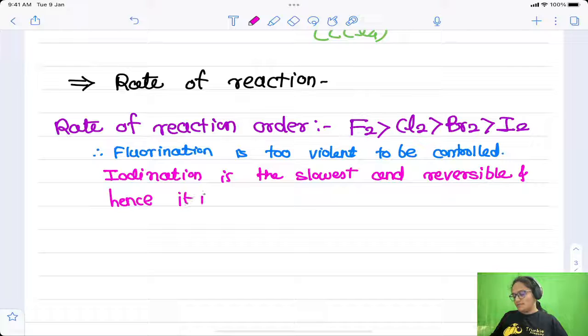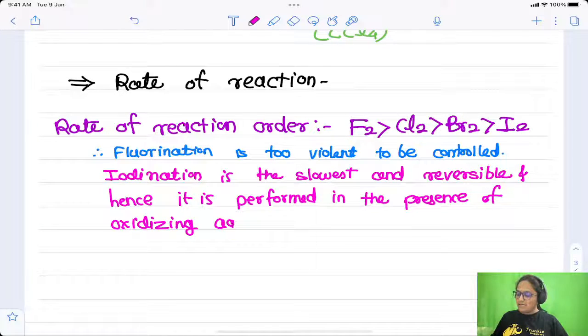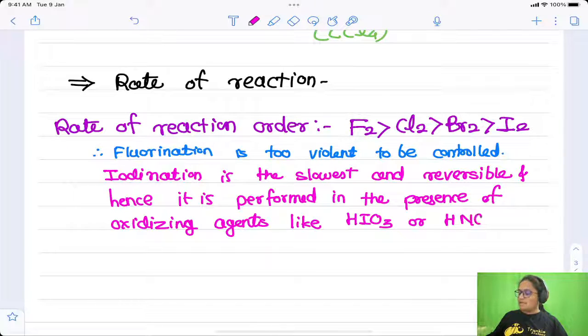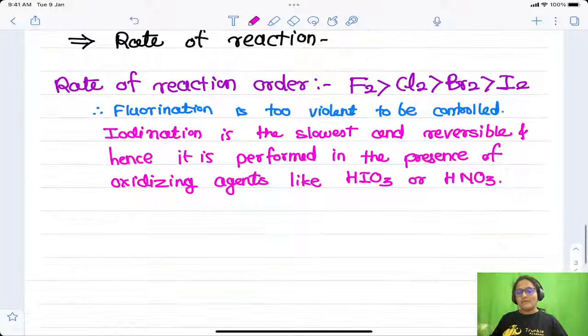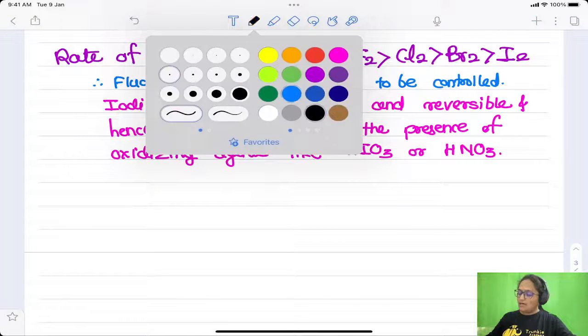Hence it is performed in the presence of oxidizing agents like HIO3 or HNO3. If you use oxidizing agents, the reaction will not go in the reverse direction. Remember this, they ask this question: why are oxidizing agents used in the iodination reaction? Then, this was about the halogens.